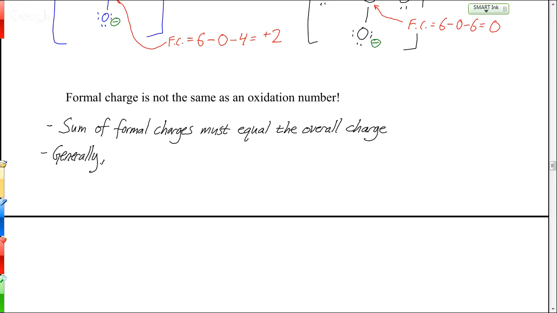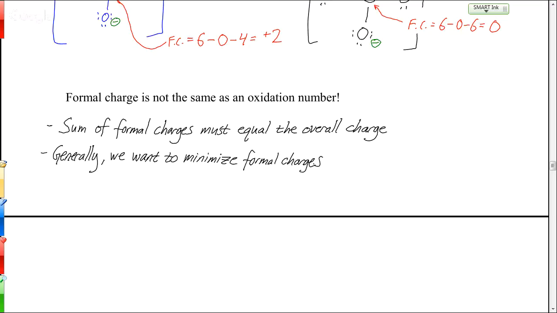So generally, we want to minimize the formal charges. We want the lowest formal charges, the fewest we can with the lowest charge. In general, any formal charge more than plus or minus 1 is really not great. So if you have a plus 2 or minus 2, that's probably not a great structure.